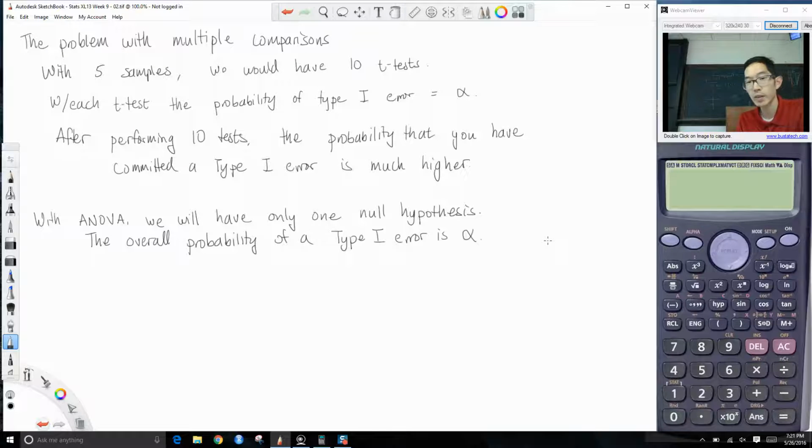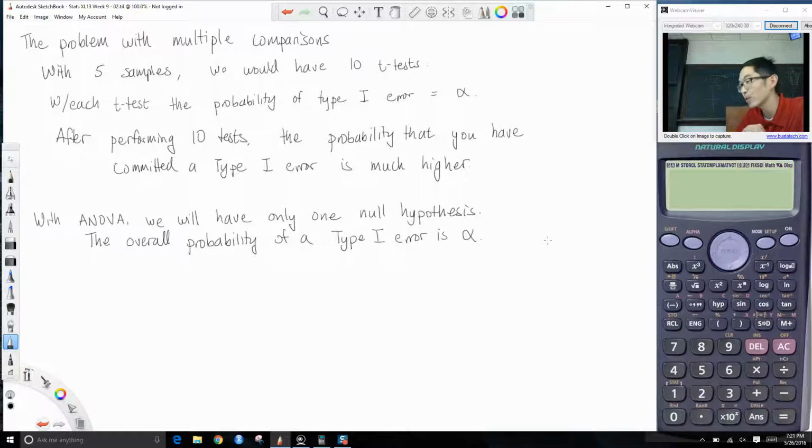The downside of ANOVA is that you lose a bit of specificity. With a bunch of t-tests, you could find out, oh, it was sample 4 that had the different mean, because sample 4 versus sample 2 was different, sample 4 versus sample 3 was different, and so on.